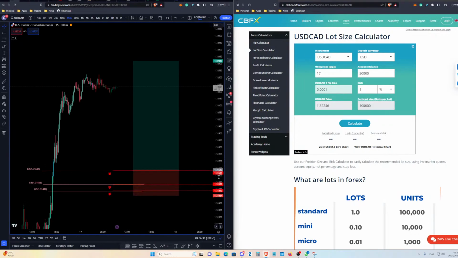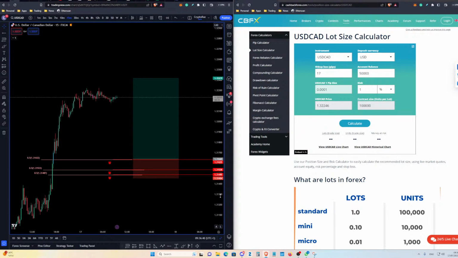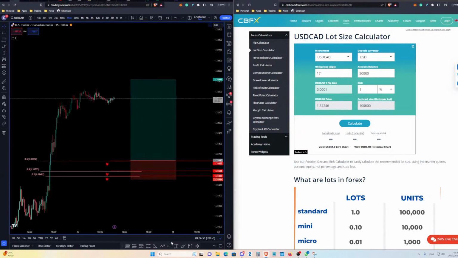In order for me to control how much I'm going to lose if this trade goes against me, and then I can manage my risks, all I do is I look for the distance from the entry point.